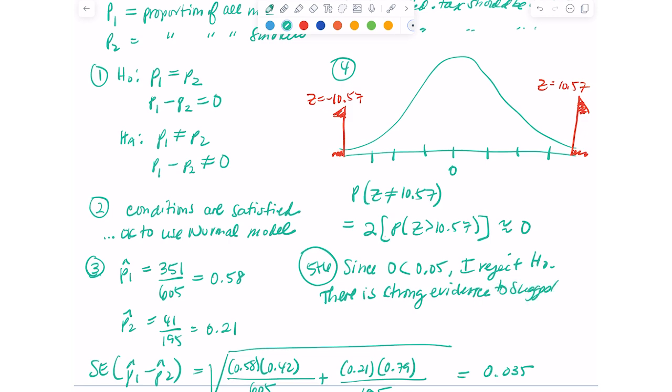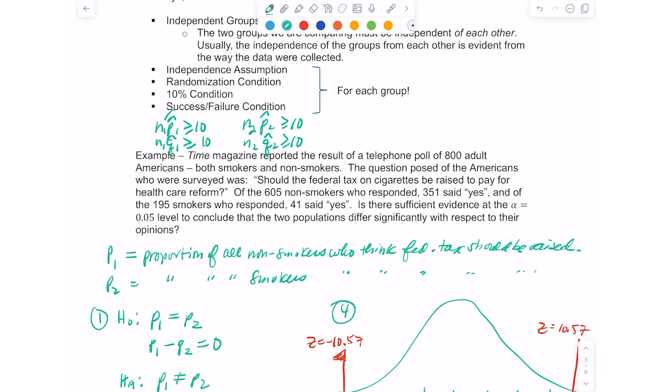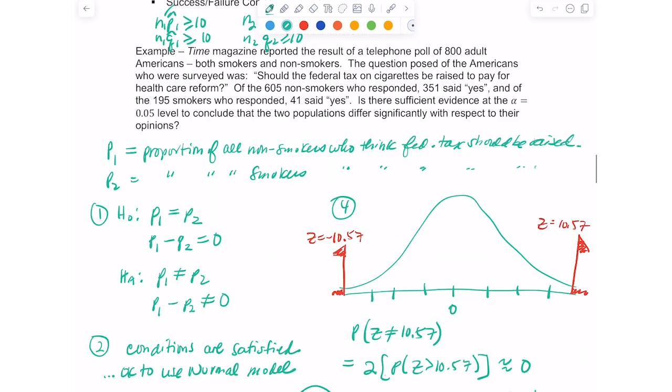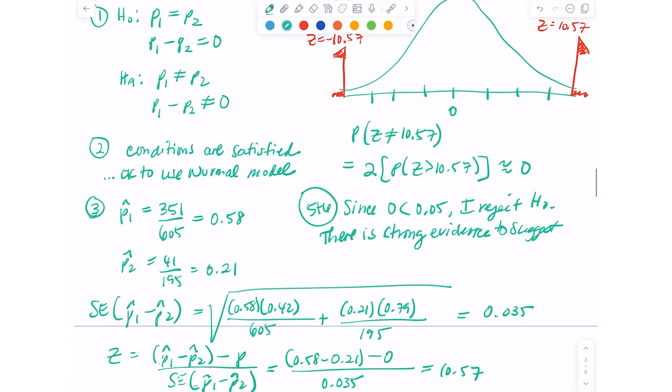Well, we were trying to look to see if the two populations differed significantly, so they clearly do. So there is strong evidence to suggest the two populations differ significantly in their opinion.